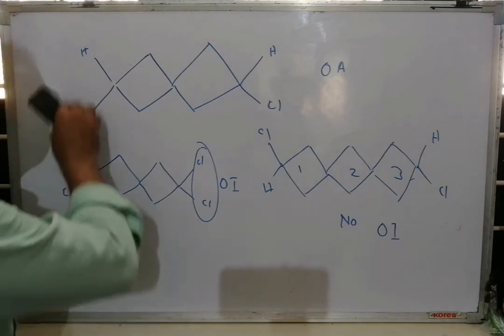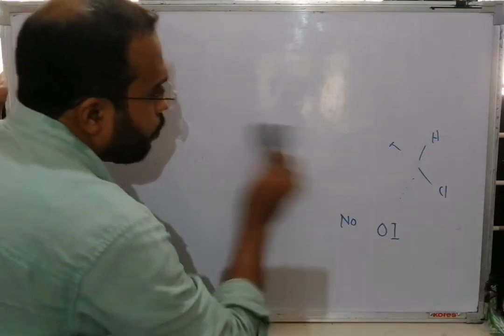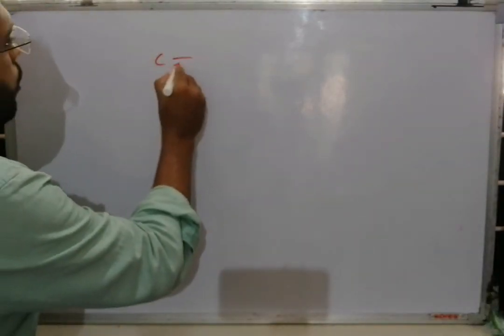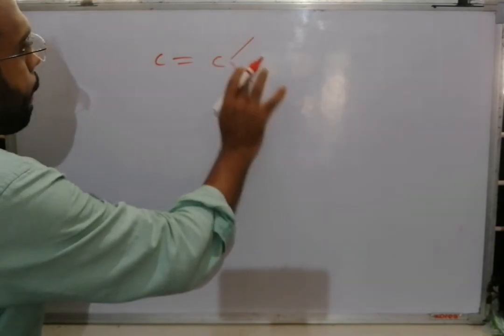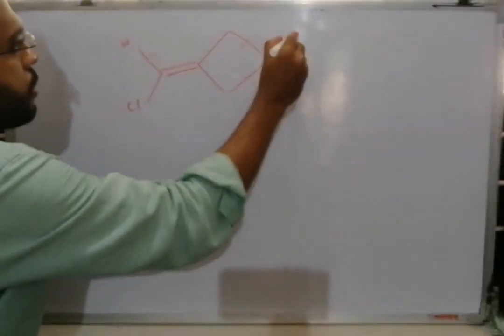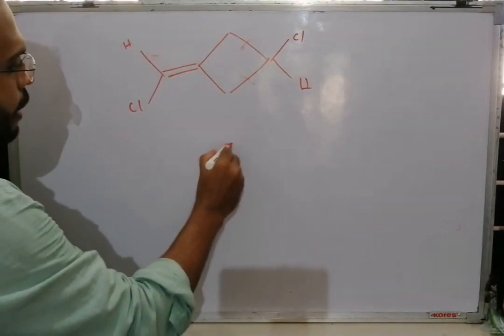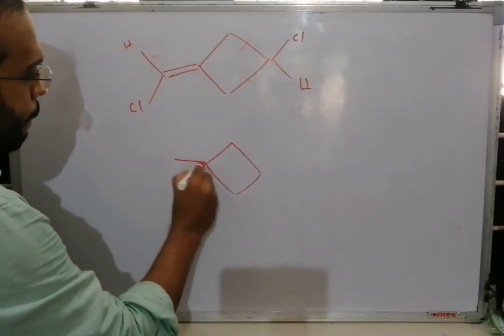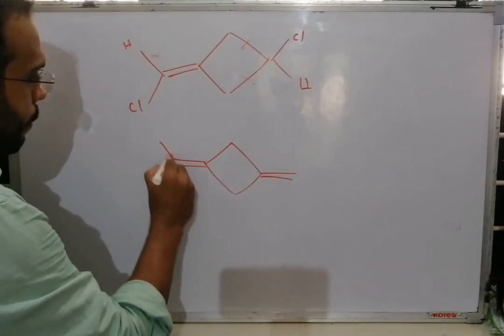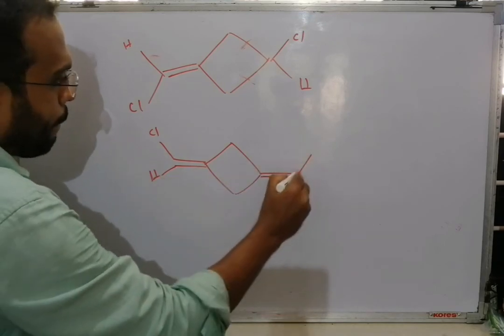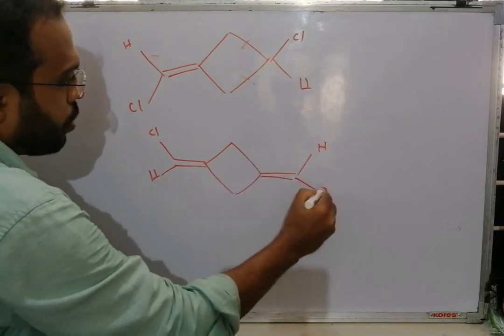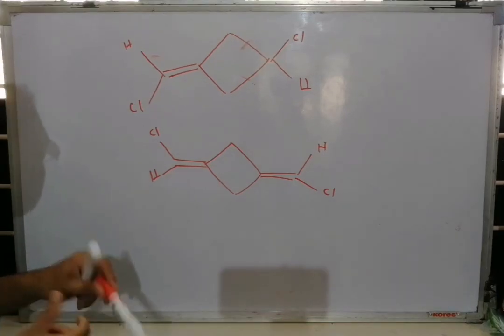Now, students, suppose you have a question like this. C double bond C. Suppose a molecule like this, with a double bond, H, Cl, Cl, H. Another molecule, Cl, H, Cl, H. Which is optically active?